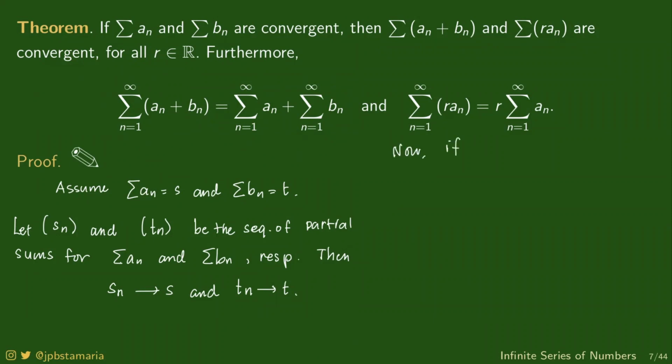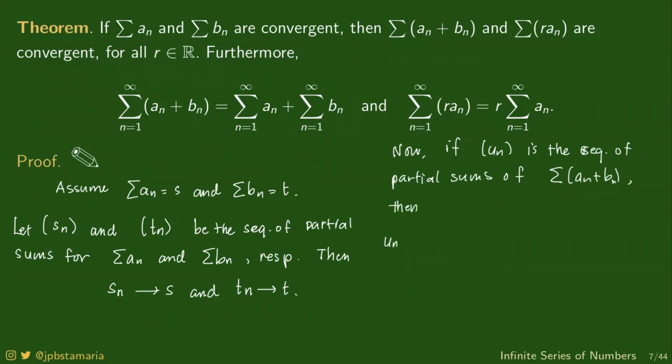Now, let's say U sub n is the sequence of partial sums of the summation AN plus BN. So, paano magko-converge? Kailangan yung UN mag-converge, no? Anong itsura ng UN?